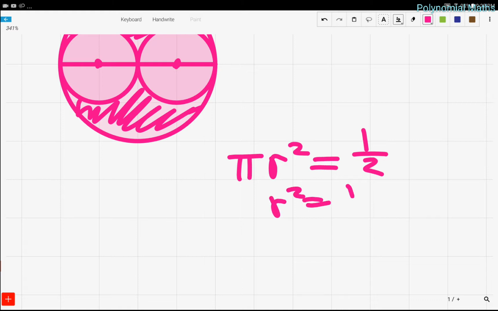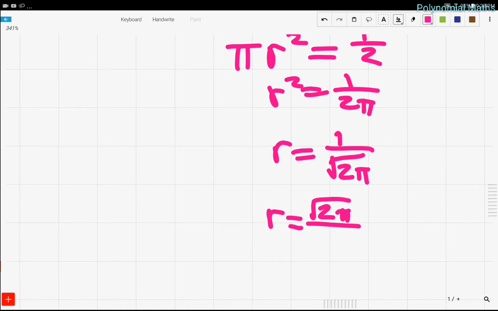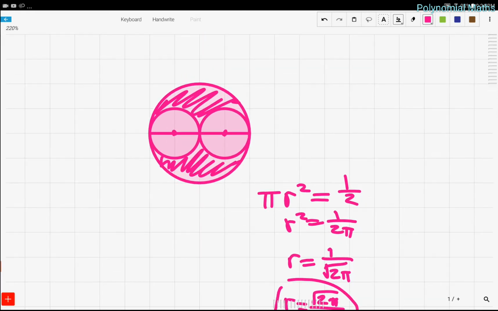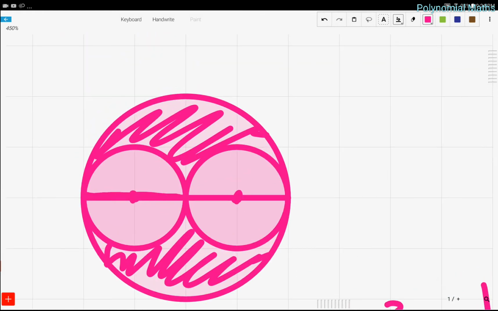So doing that, we get 1 over 2 pi, and then we get 1 over the square root of 2 pi. R equals the square root of 2 pi all over 2 pi. So we find that the radius of one of the circles is equal to this, but we're not done yet, of course. Now we can double that and find the radius of the big circle.